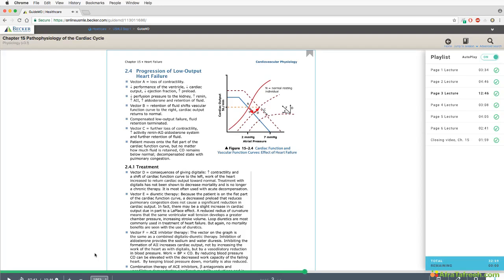Now, this is not that difficult to explain. It's because of the Laplace relationship. This is just a small point, but worth mentioning. As you move along vector E, the ventricle is getting smaller, and because of the Laplace relationship, a given increase in force in that muscle mass generates a greater pressure in the ventricle.